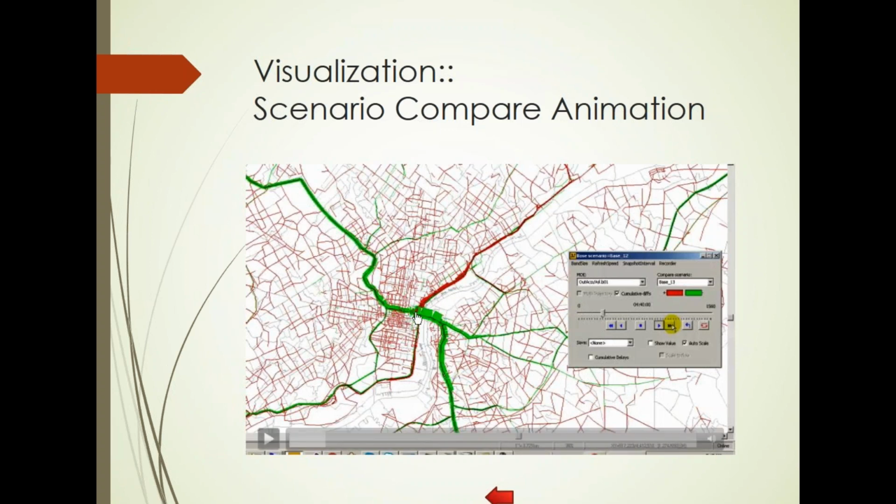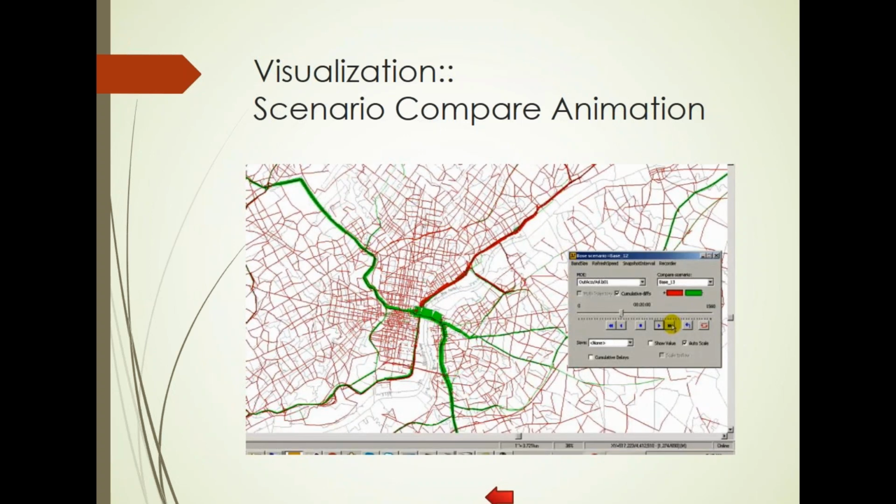Green is the difference between the baseline and the after scenario. If in the after scenario the volume drops, then you see green. And the red color stands for volume increases. So you see some places have volume drops, some places have volume increases as a result of diversion. That's how you read this video.